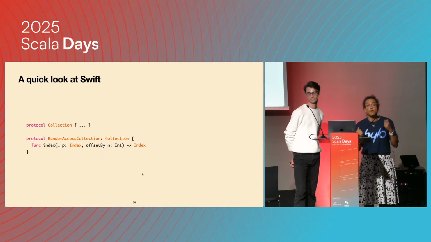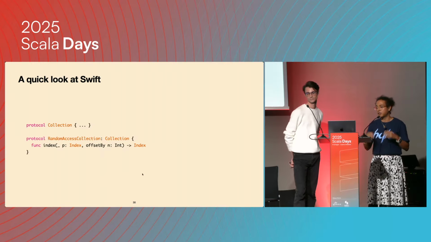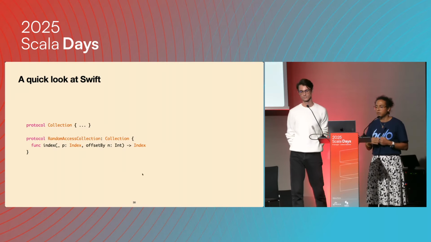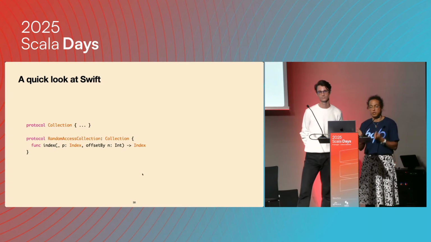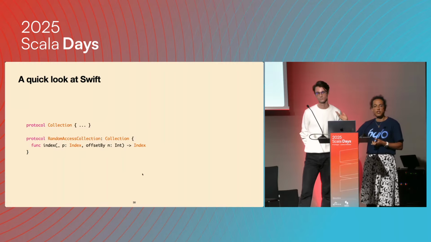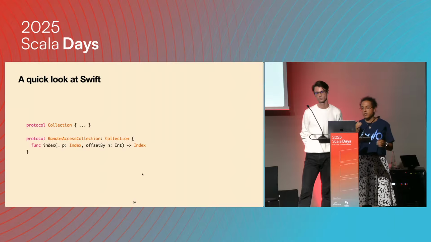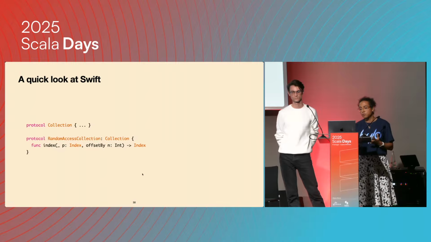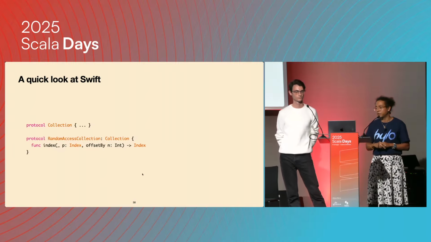Now we can define refinements of type classes, or protocols, in Swift. So I'm defining random access collections, which are collections, but they also have these additional requirements that allow me to offset a position by any arbitrary integer. And I also want to add a semantic requirement that this apply method should be in constant time. So now it matches the Index seek that we had before.